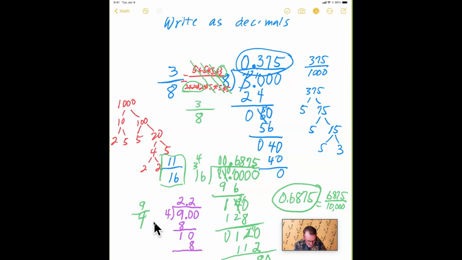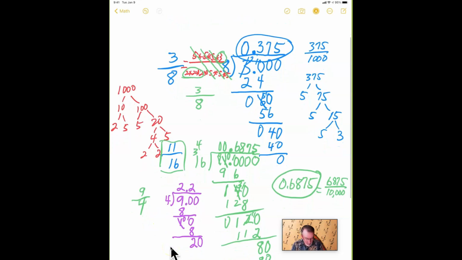From 10 leaves 2, but we can borrow 1 from here, leaving 0, make that a 10. Got a 2. We're going to bring down the 0 to make 20. How many times will 4 go into 20? 5, you say? That's right. 5 times 4 is 20. 0 remainder. So this improper fraction becomes 2.25.